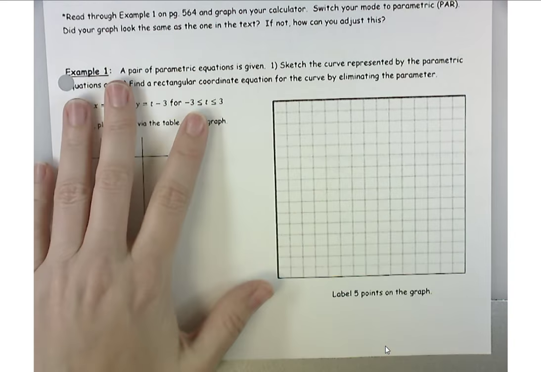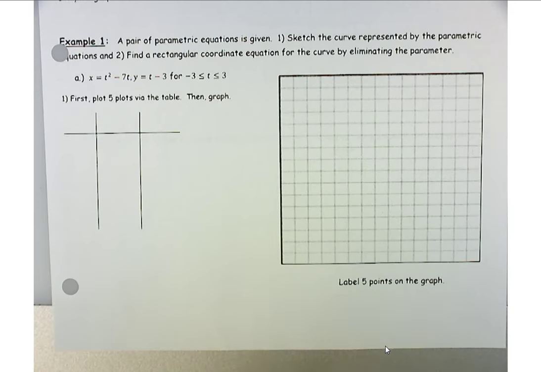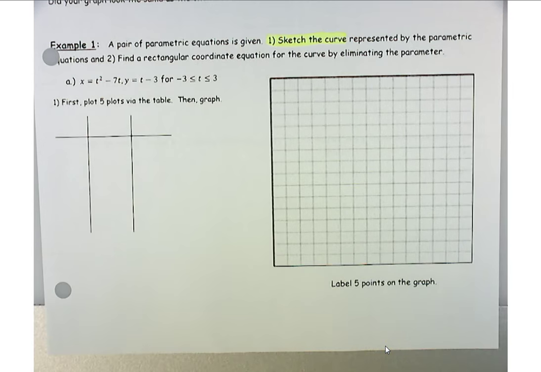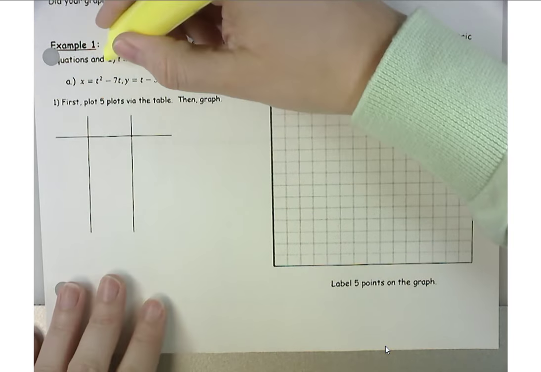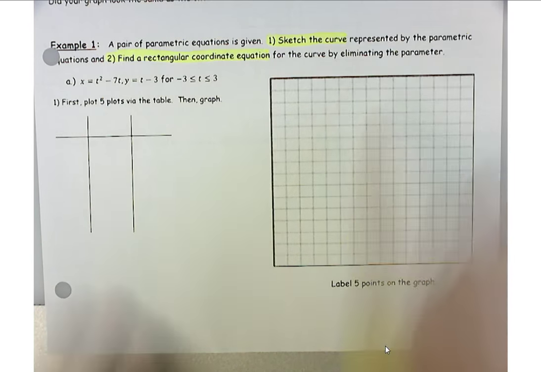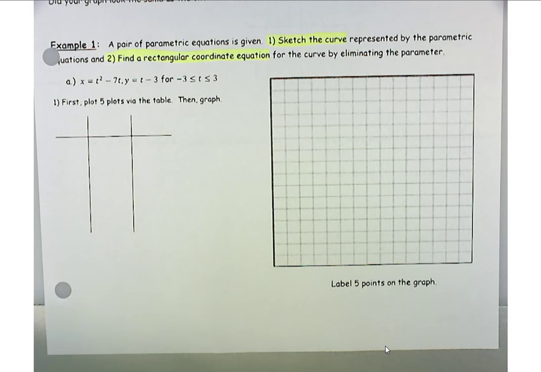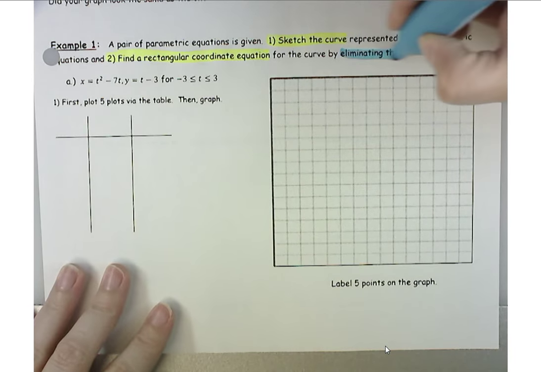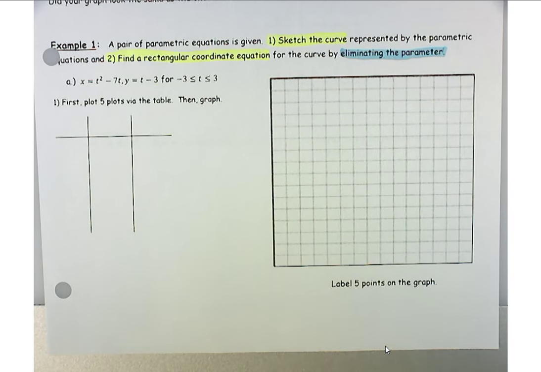All right, so you have a pair of parametric equations that's given. The first thing we're asked to do is sketch the curve that's represented by those equations. And then the second thing we're going to do is find a rectangular coordinate equation for the curve by doing something that is called eliminating the parameter, which we're going to talk about more in just a little bit.